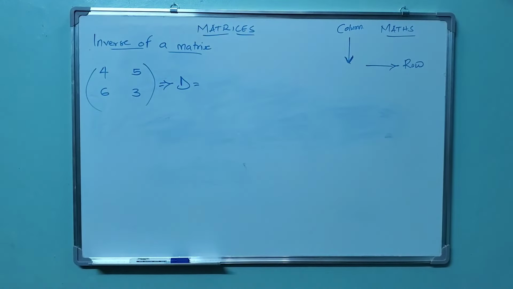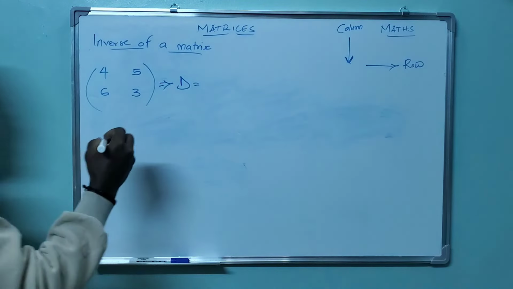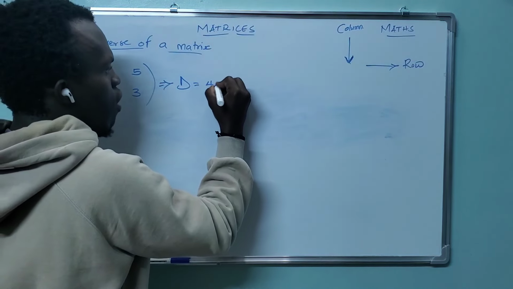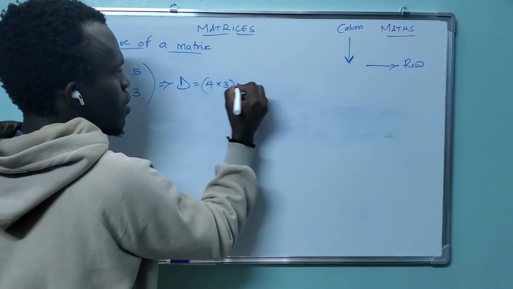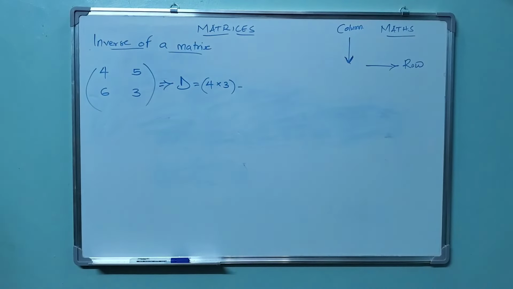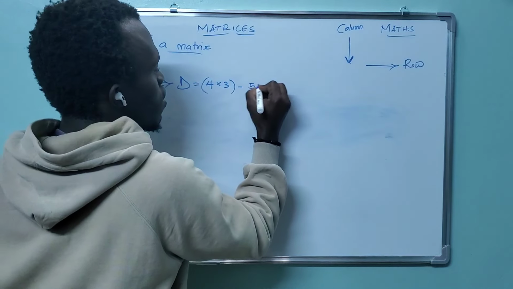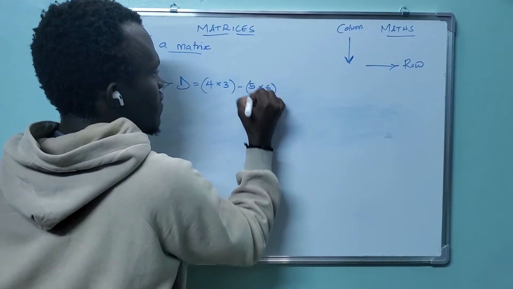Remember I've said, determinant is the difference between the product of the lead diagonal and the end diagonal. So let us first of all start with the product of the lead diagonal, which is 4 and 3. I'm going to have there 4 multiplied by 3 minus the product of the end diagonal, whereby I'm going to have 5 multiplied by 6.